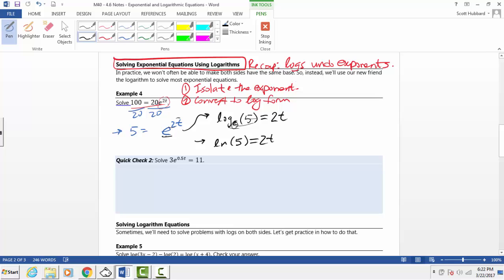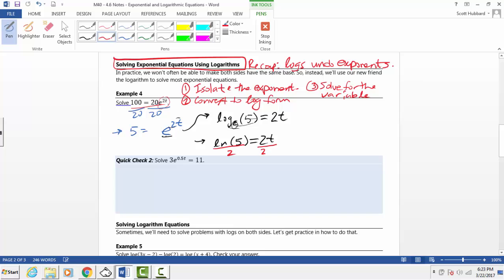And so then the last step is just solve for the variable. The whole reason we do the log form is that you see now I have t almost, I just got to divide by 2. If you did it right on the previous step, you should only have to add or subtract or divide.